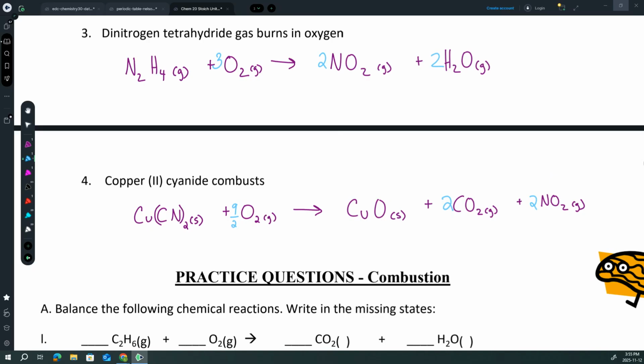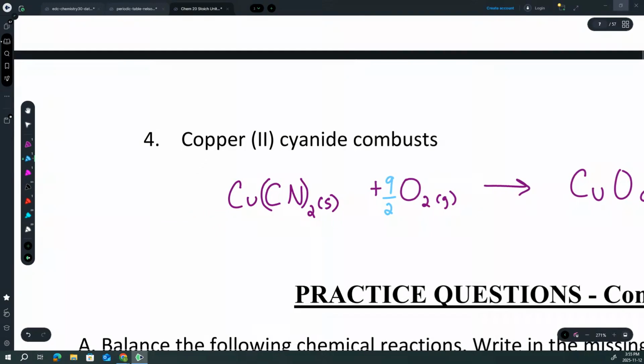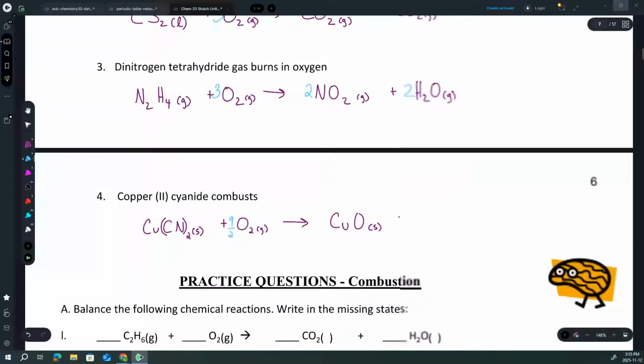You are not allowed to have any fraction coefficients for any other type of reaction. Okay? So just as a heads up, since combustion reactions are the only type where you are allowed to have a fraction for a coefficient, we could leave this just like this. But if it really bugs you to have that fraction there, this is what we can do.